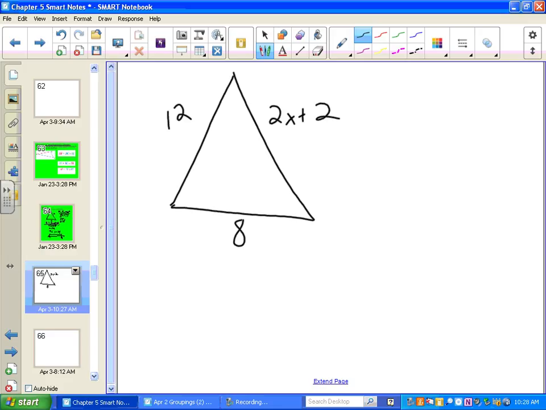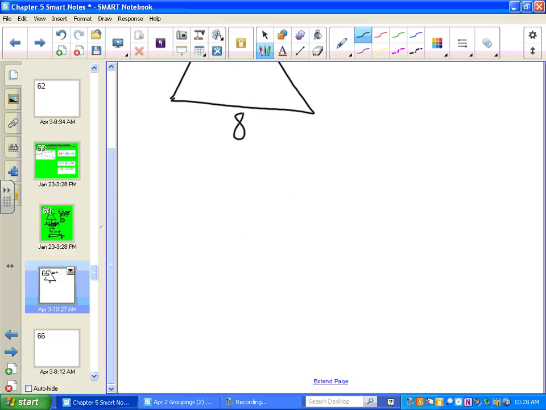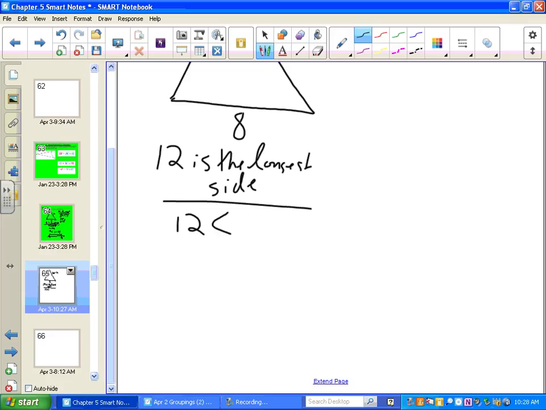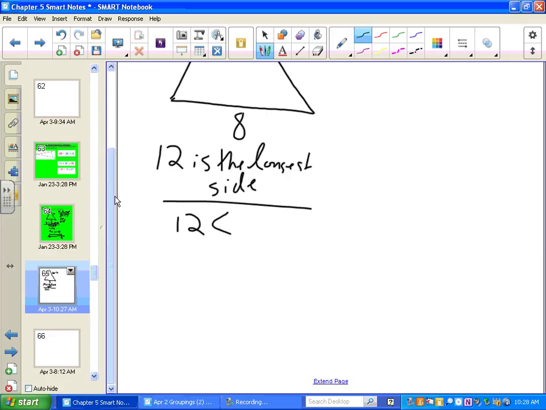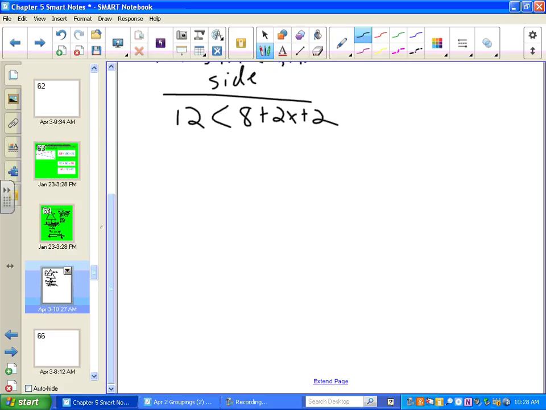Very good. We have 12 as the longest side. So 12 is less than 8 plus 2x plus 2, because these two sides added together have to be more than the third side. Now from here we solve for x. Combine like terms: 8 plus 2 is 10.